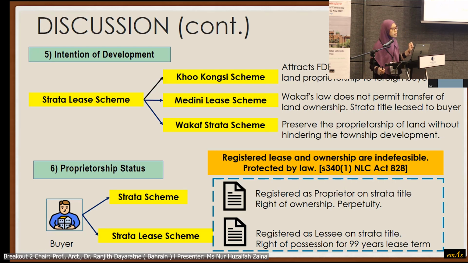But in the AQoL2022 scheme, the Medini scheme, and the wakaf scheme, take wakaf: we cannot transfer the ownership, but we need to develop the wakaf land to give more economic revenue to the wakaf. So without transferring ownership, a wakaf unit is normally sold through a lease agreement.